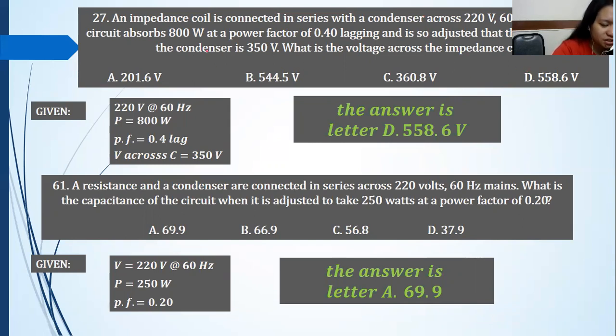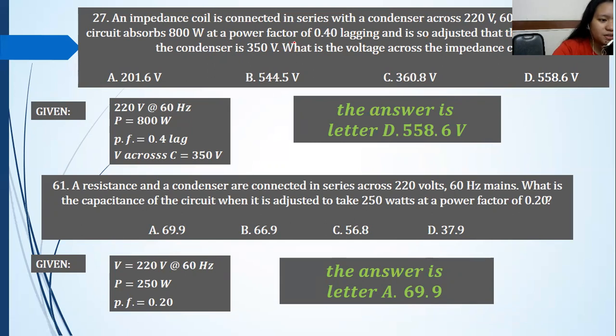So I'll just state it. In problem 27, an impedance coil is connected in series with a condenser across a 220 volts, 60 hertz source. The circuit absorbs 800 watts and a power factor of 0.40 lagging and is so adjusted that the voltage across the condenser is 350 volts. What is the voltage across the impedance coil?